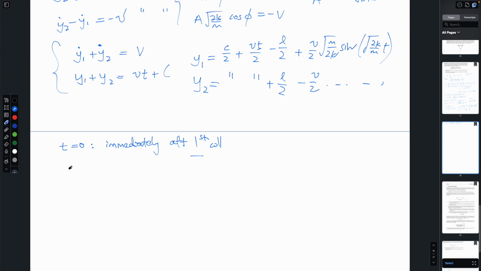So the equation of motion for 2 should work out to be this stuff, and for 3 it should be vt over 2 plus v over 2, all the exact same stuff.